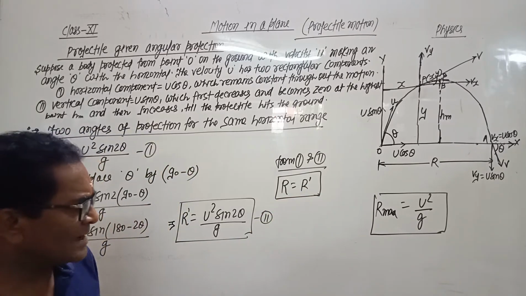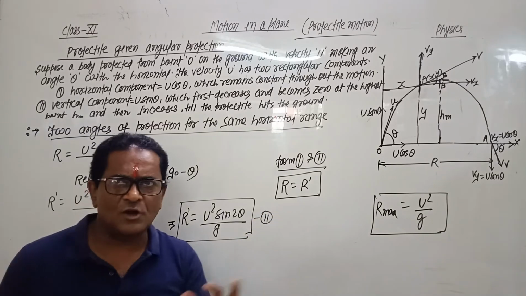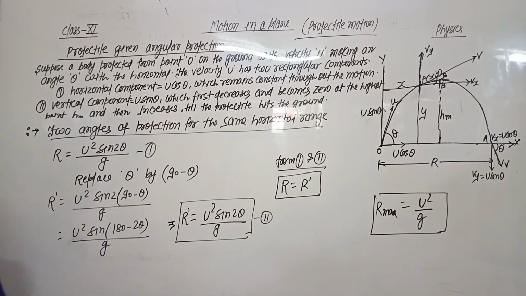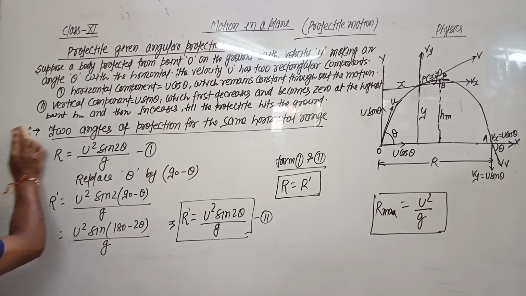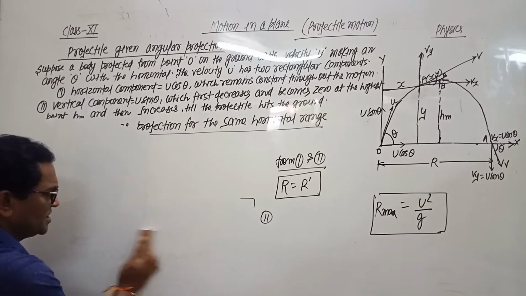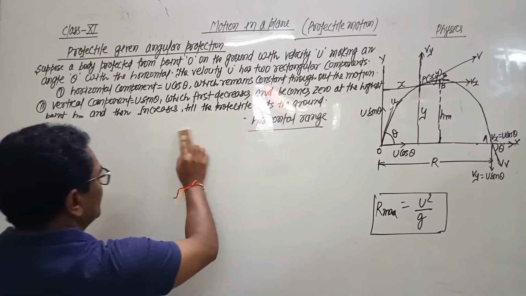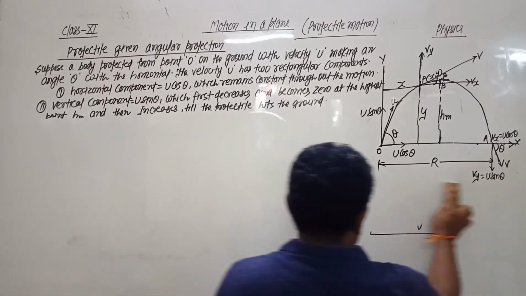So for two angles theta and 90 minus theta, the range always comes out the same. Try to understand the two angles of projection by diagram.